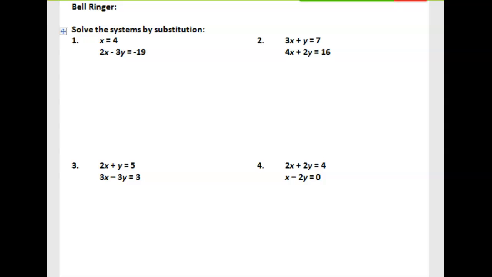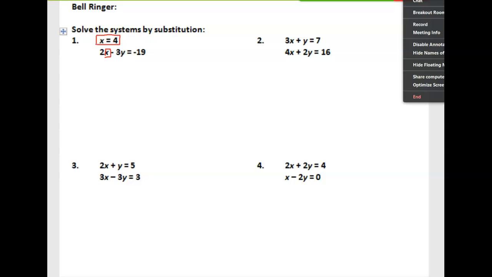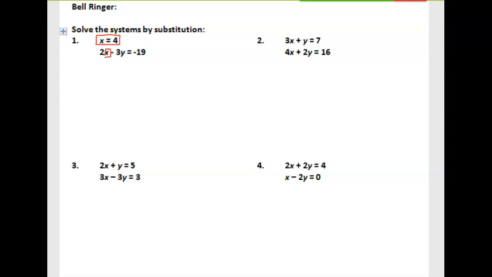So you would take the x equals 4 and you would place it in where you had x in the second equation. So you had 2 times 4 minus 3y equals negative 19. 2 times 4 is 8 minus 3y equals negative 19.